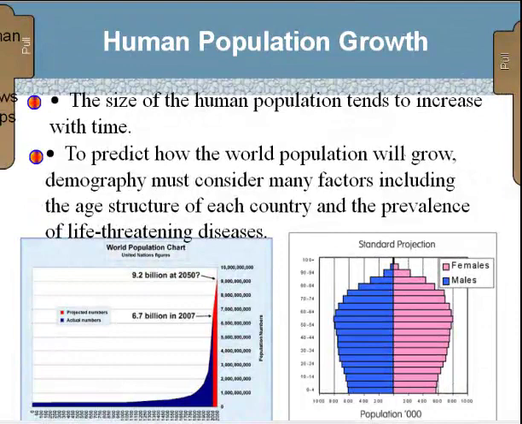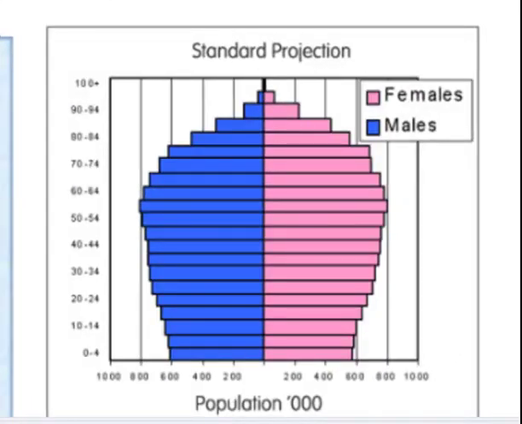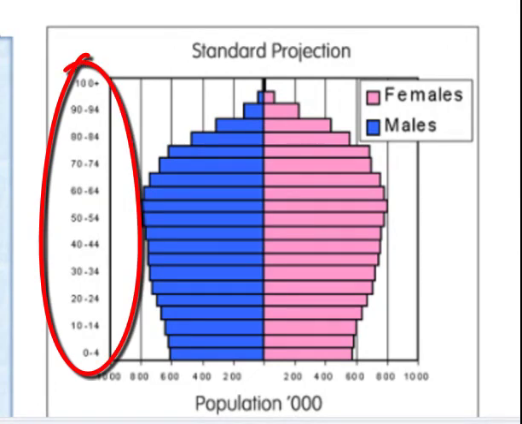Scientists study how the world population will grow or change over time, and in order to do that, they use something called an age structure diagram. What this allows scientists to do is see the population based on ages of people that are included in it. So you can see in our example down here, we have it separated by males and females. And then on the left side, we have it broken down into age groups.